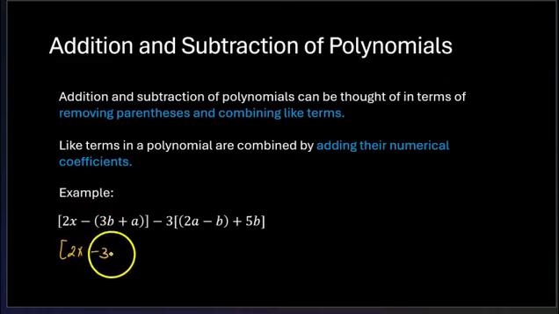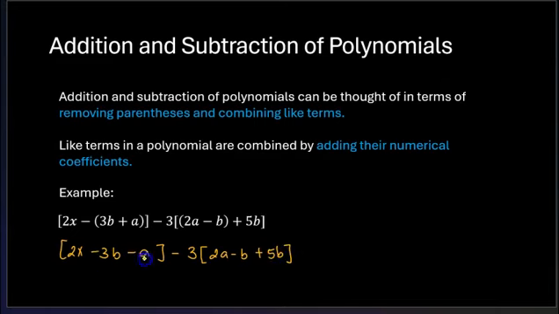So this is negative 3b, and this one is negative a. If you notice, we already removed the parenthesis. Then for this one, again, I'm not going to remove the bracket, only the parenthesis. Since this one has no negative before it, that's just 2a minus b plus 5b.